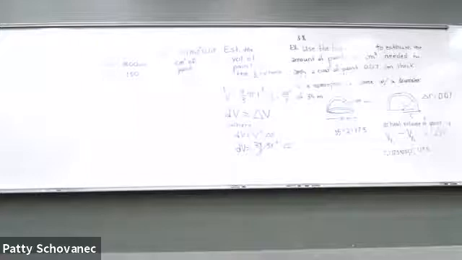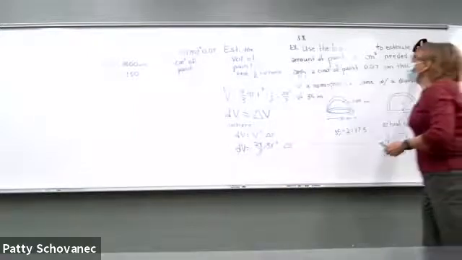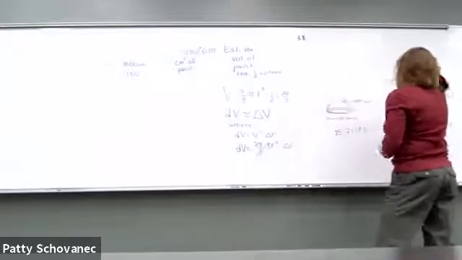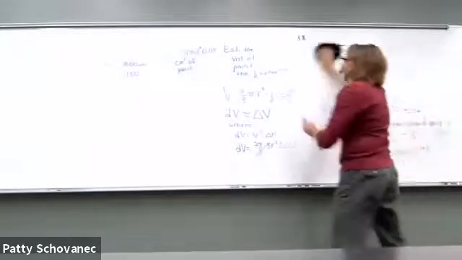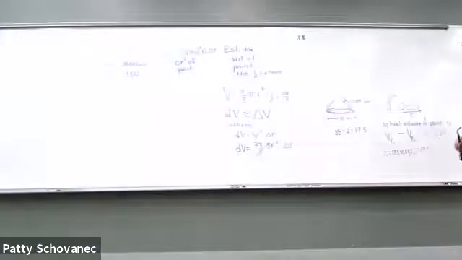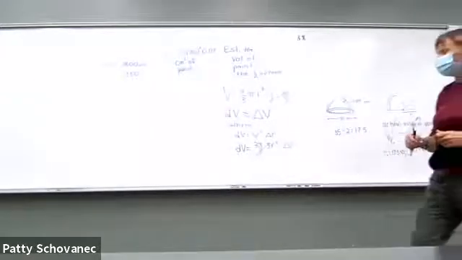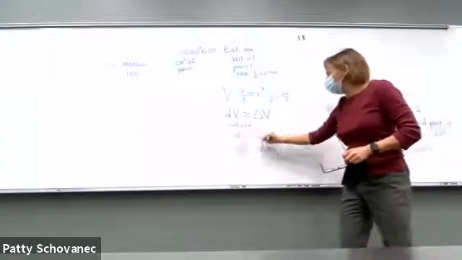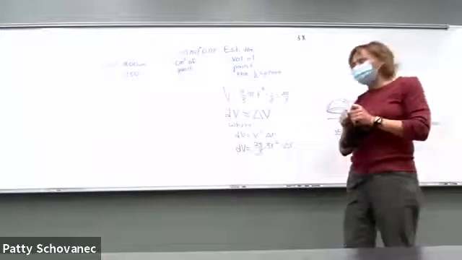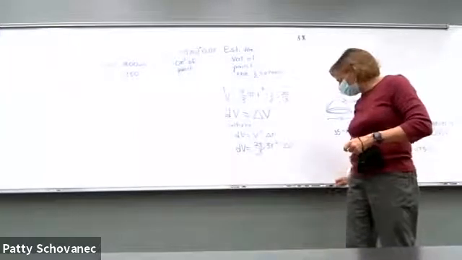It's going to be essentially the same thing. That's the definition of dV. dV is V prime times delta R.